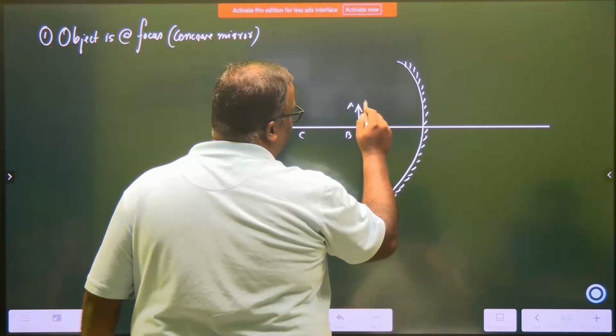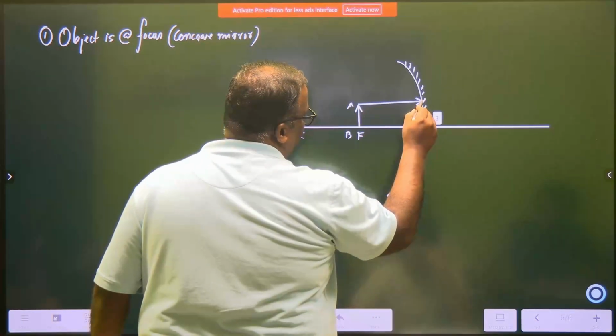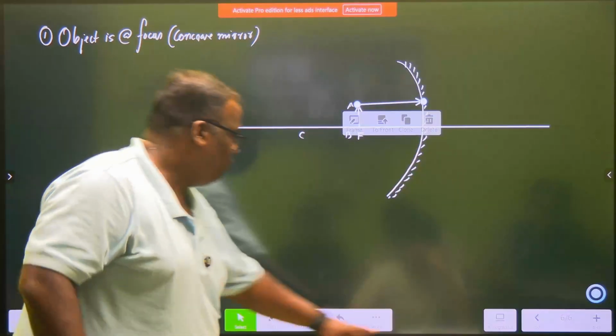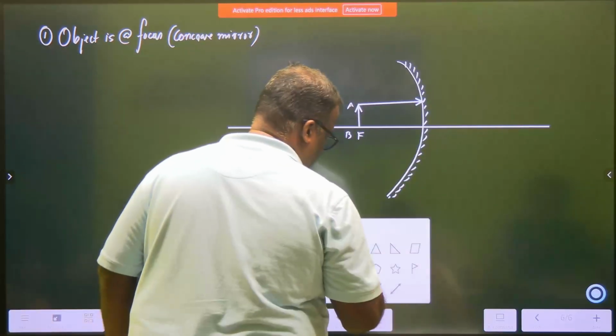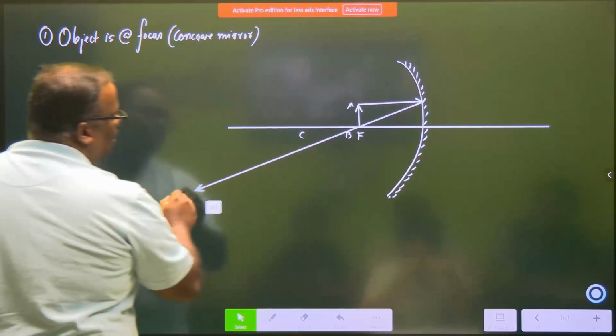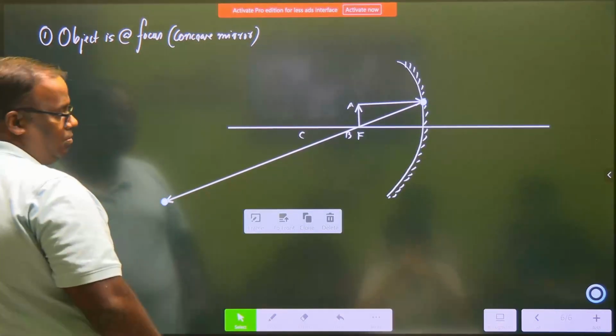Now I say that a ray of light which is parallel to the principal axis. Children, tell me what happens to that ray of light which is parallel to the principal axis? It passes through the focus. So that's our law. Are we fine? Okay.